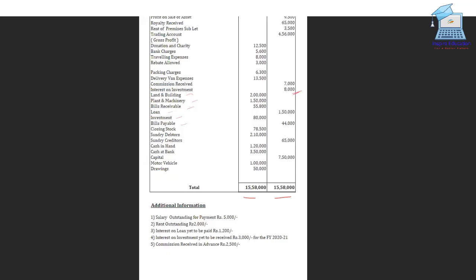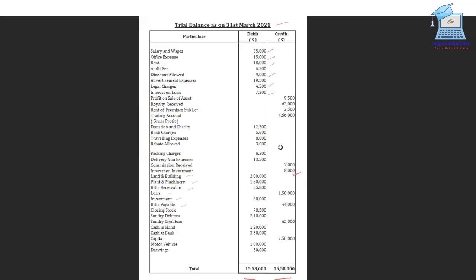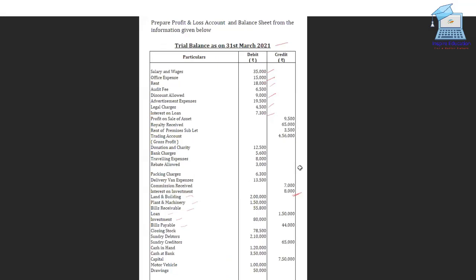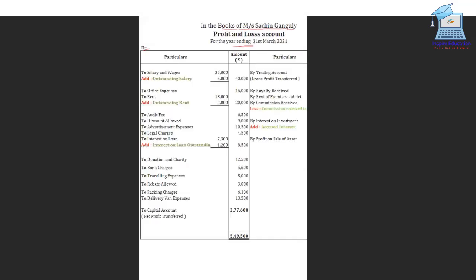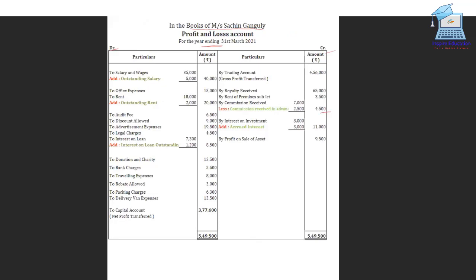Salary outstanding for payment 5,000, rent outstanding, this is exactly the previous question. Now we have solved the profit and loss account. This was the profit and loss account.